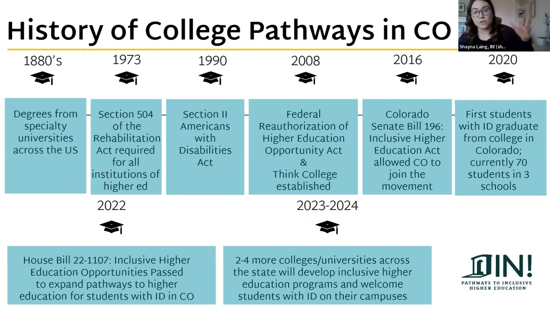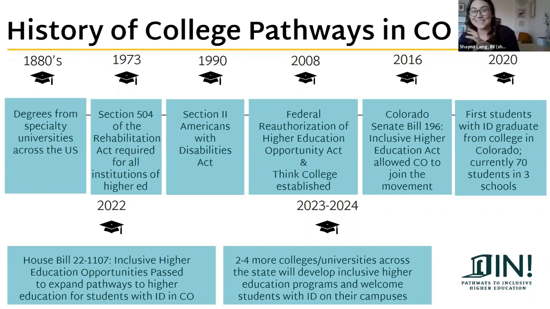It wasn't until 2008 that we saw legislation at the national level that said, this population of students are leaving K-12 and oftentimes sitting on couches or working jobs that they're not passionate about. We need to develop more skills in them and equip them for that more meaningful future they're after. So they launched programs across the nation, developing inclusive programs for students with ID.